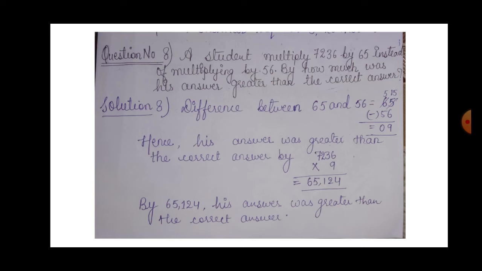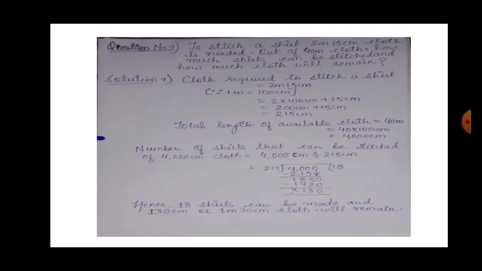So his answer was greater than the correct answer by the number given into the difference of the other number. So you can see that his answer was greater than the correct answer by 65,124. You can try doing this question in another way also.